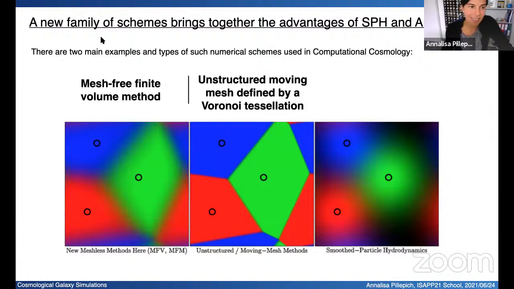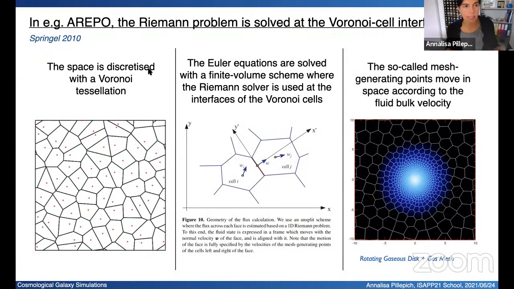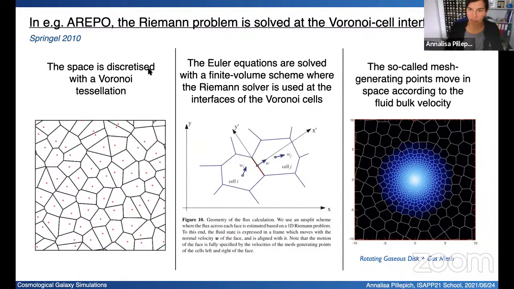But here, the idea is that you can also make your grid move with the bulk motion of your gas. These are called moving meshes. So let me give an example of these codes: the code Arepo, developed by Volker Springel.